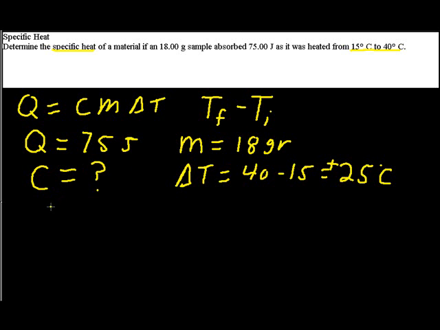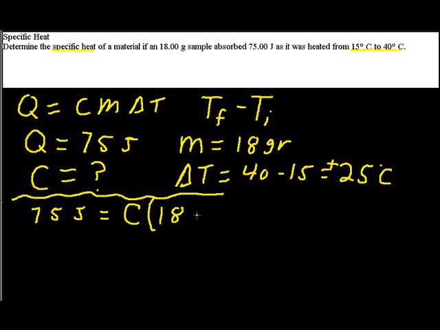So now we plug our values into our equation, and we get 75 joules is equal to the specific heat capacity, which we do not know, times the mass, which is 18 grams, times the delta T, which is a positive 25 degrees Celsius.